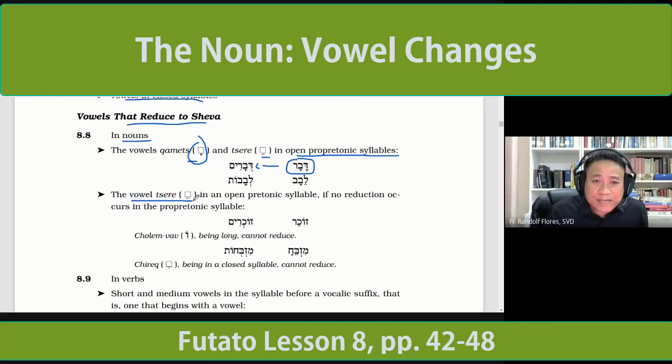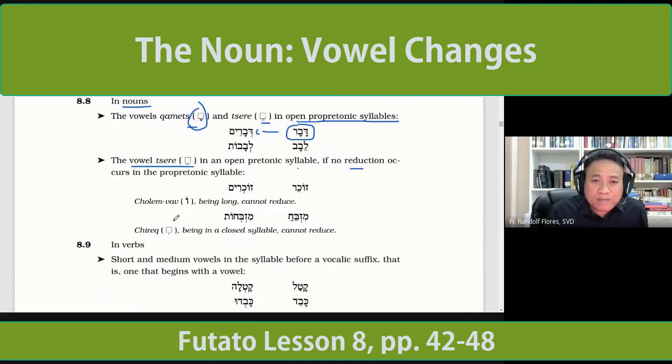The vowel sere in an open pretonic syllable, with no reduction, of course, in the propretonic syllables. For example, the holem, being long, cannot reduce. For example, this is the verb zuker. Now, the plural of zuker is zukerim.